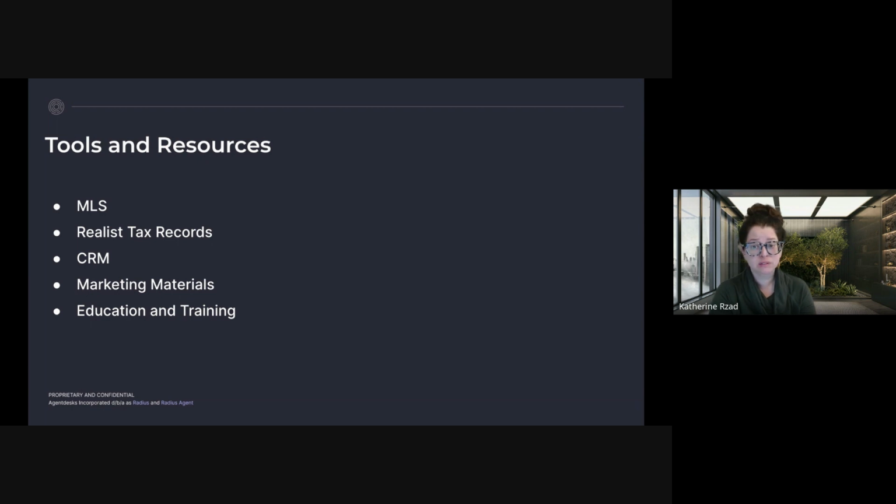Marketing materials, of course. You need to have a professional marketing packet already prepared, including your listing presentations, the market analysis that you're going to do for them, and any sort of online tools that you use to market their property, and maybe even a special listing presentation that is just for an expired or a withdrawn, because they do have special needs, right?